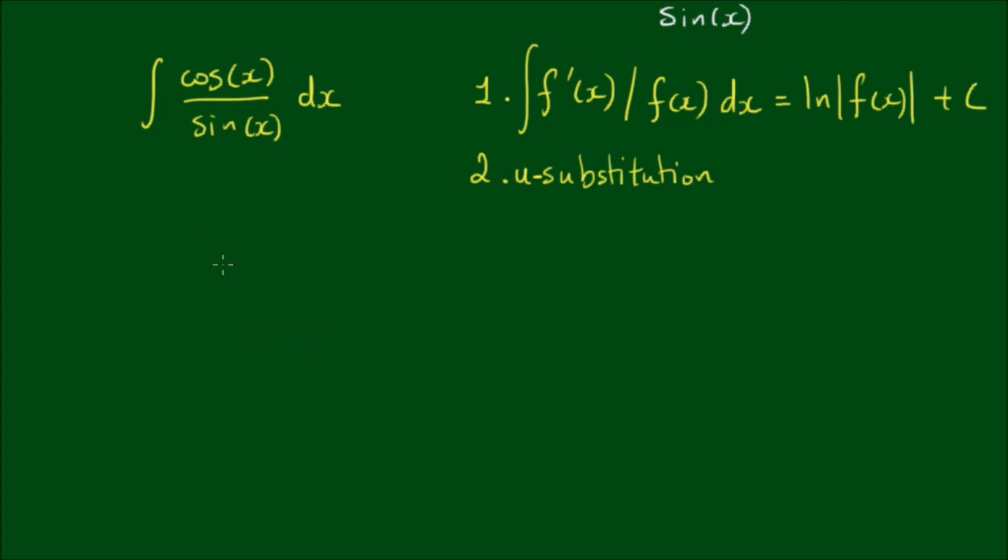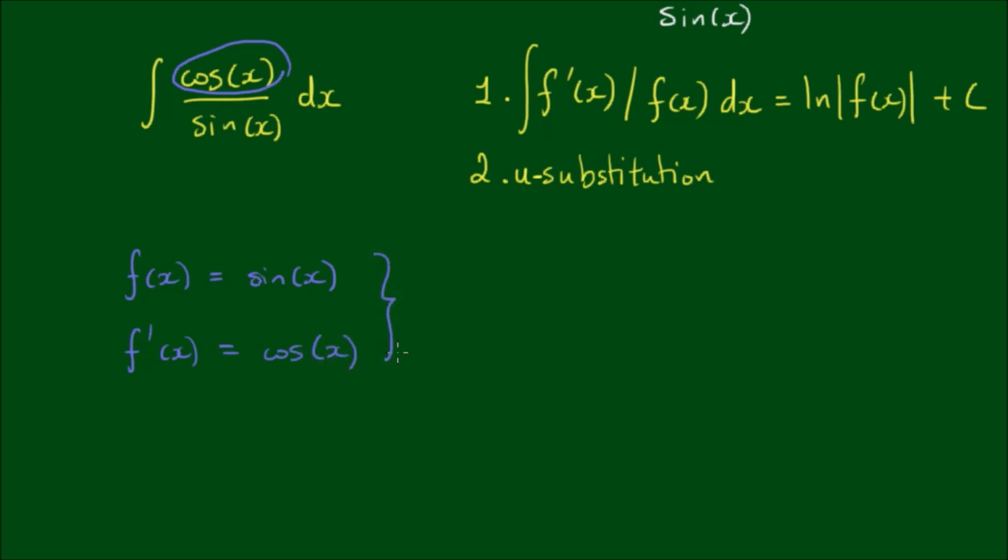Okay, so for method number one, what do we realize about the cosine of x? Because if we let the function f of x equal the sine of x, then the derivative f prime of x is equal to cosine of x, is it not? Sine differentiates to cosine.